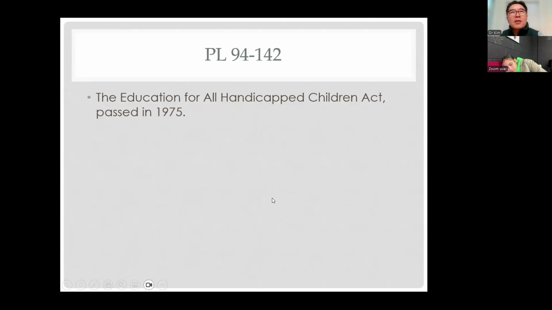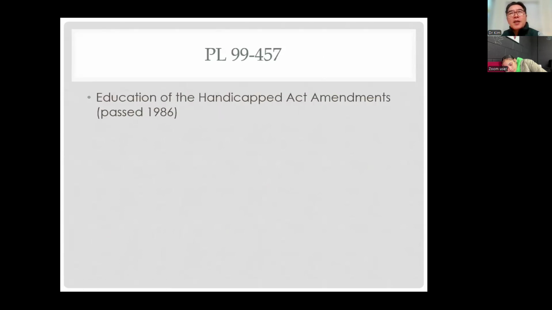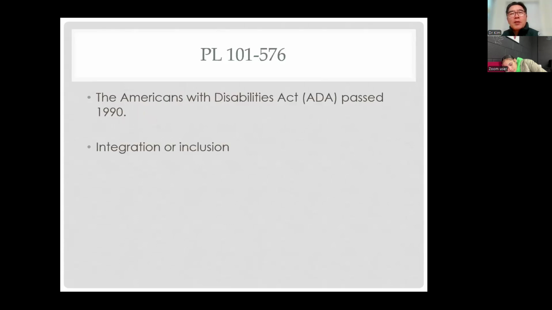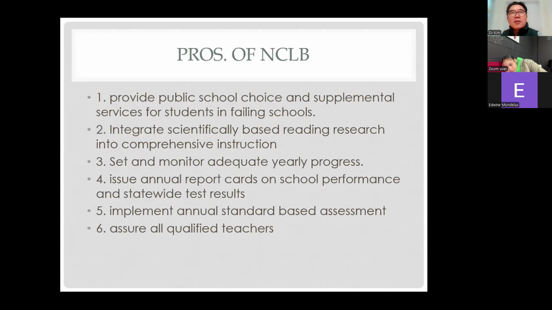And Head Start and PL 94-142 and mainstreaming and PL 99-457 and PL 101. Okay, welcome back, Edwin. And IDEIA 2004, NCLB 2001, tested all of our students in the United States with disabilities.